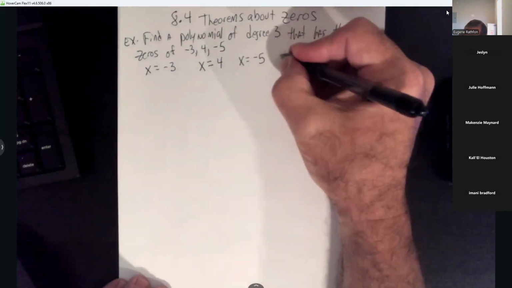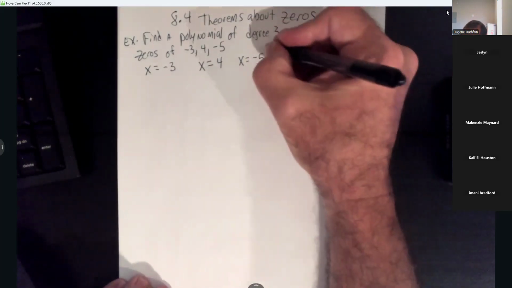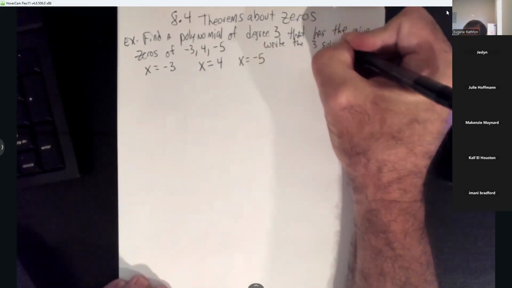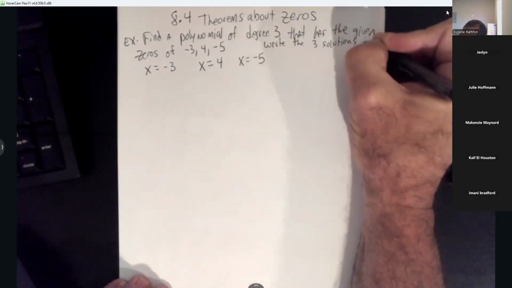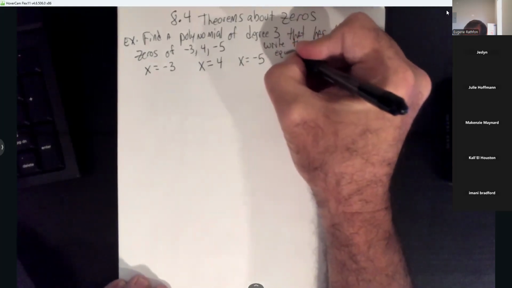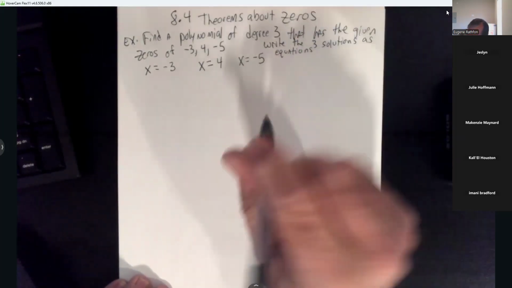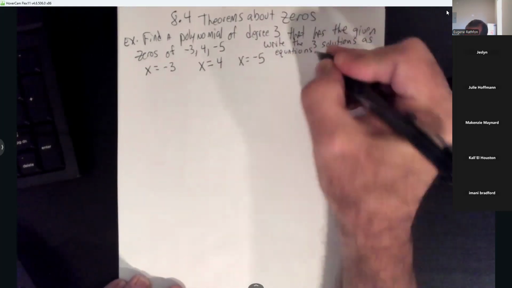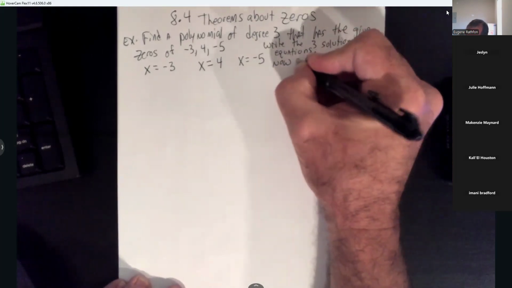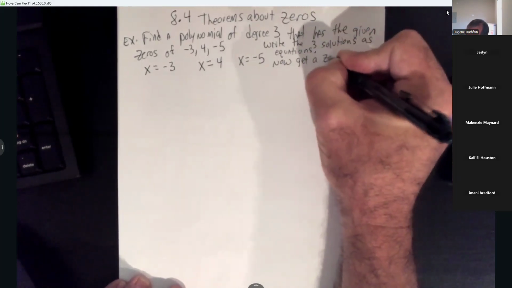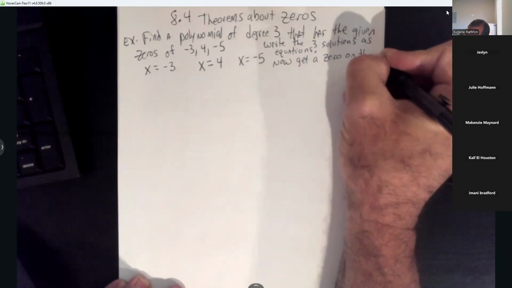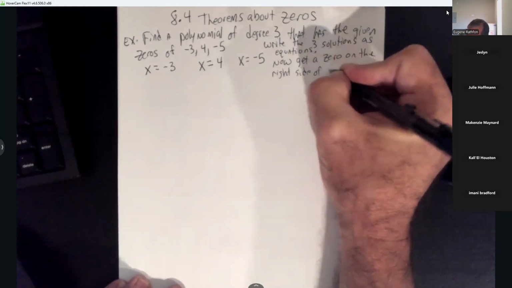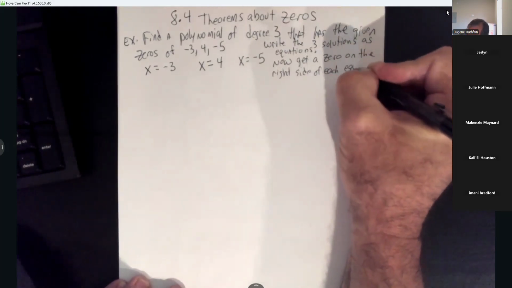So my first step was to write the 3 solutions as equations. All right, I wrote my 3 solutions as equations. Now, get a 0 on the right side of each equation.